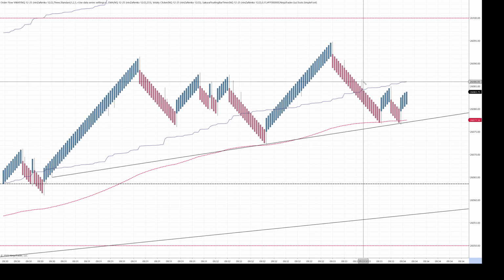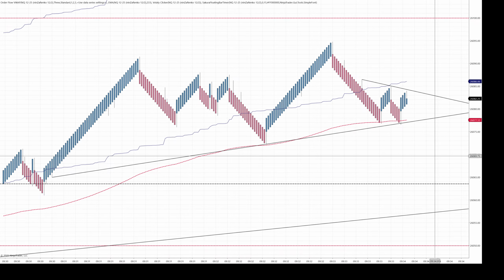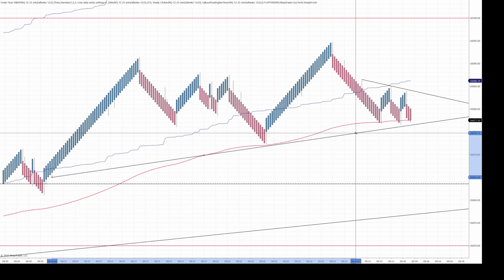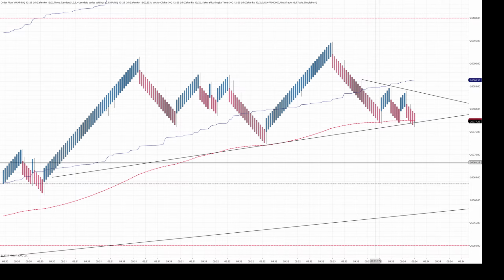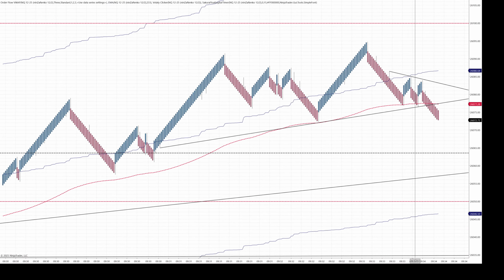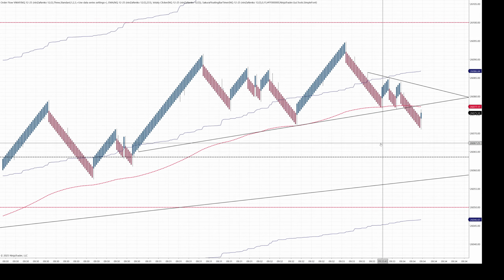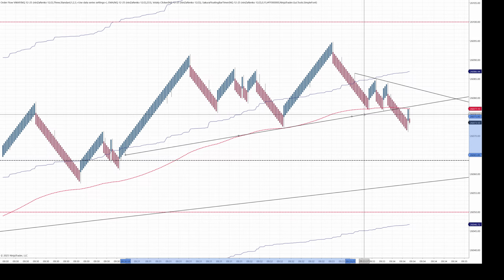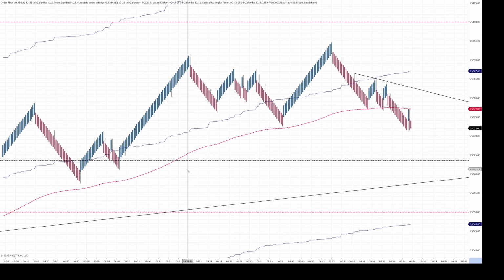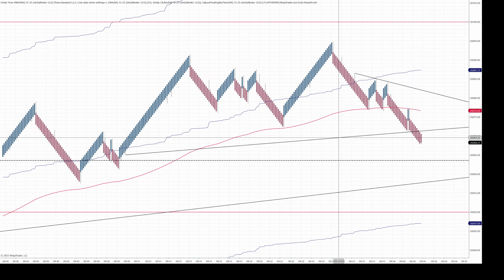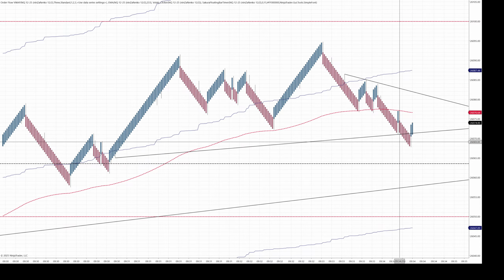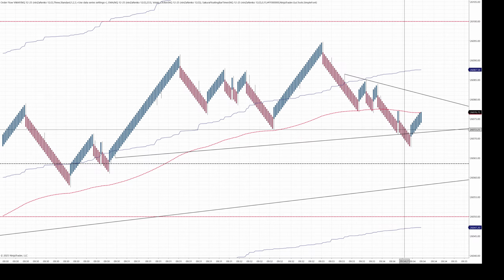Update this trend line here. Okay, now it looks like we're trying to transition into a downtrend. Problem is we had that upward trend line before that initial trigger lower, so I had to skip this bearish trade.